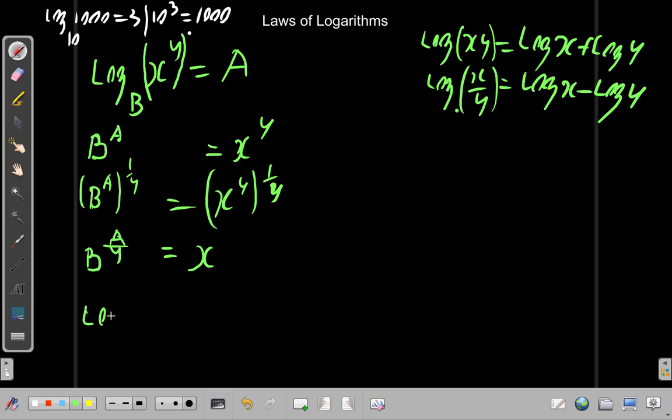So you're going to say log, and you put b as the base. Here in index form, you have the index being 3. In log form, it is the answer that you get as 3. So in index form, the index is a over y. In log form, it is the answer. So you say a over y. Alright?